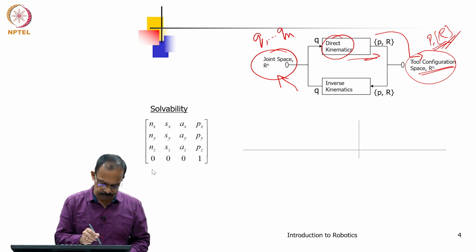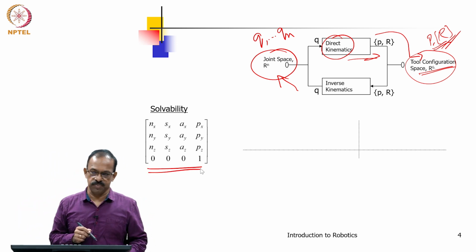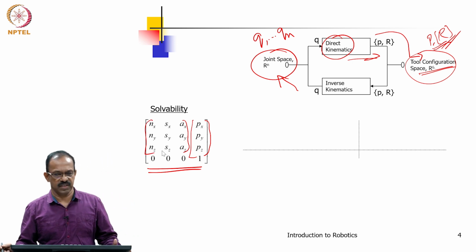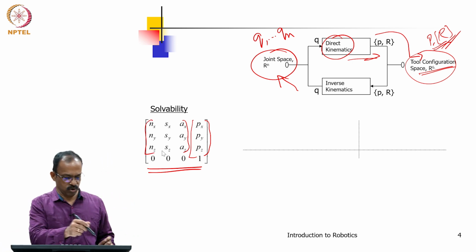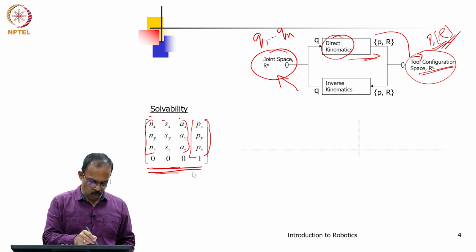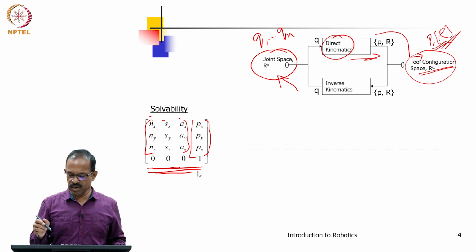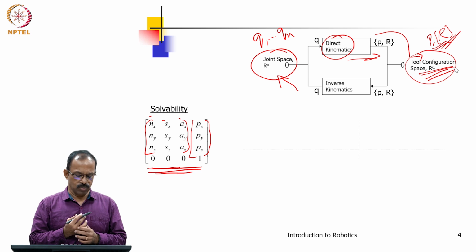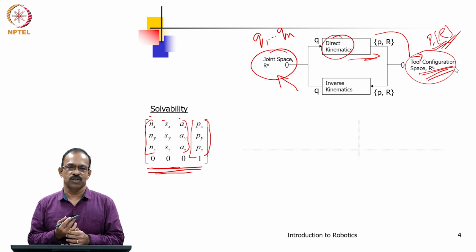Suppose we have this relationship for the arm matrix, which says Px, Py, Pz, and Nx, Ny, Nz, and Sx, Sy, Sz, the normal, sliding and approach vectors, and the position vector is given to us, because we assume this is known, and we ought to solve for the joint variables which correspond to it.